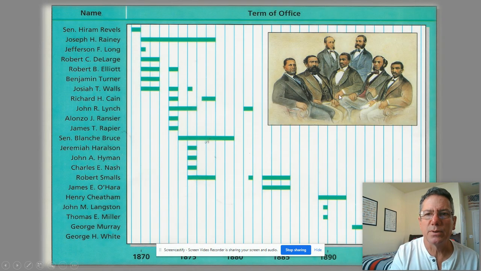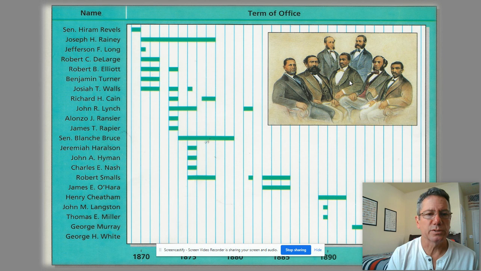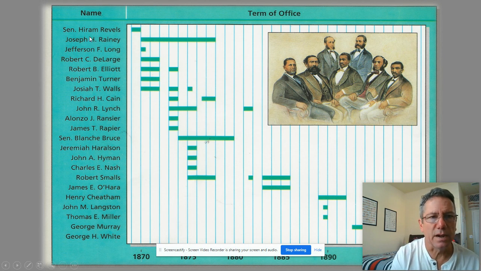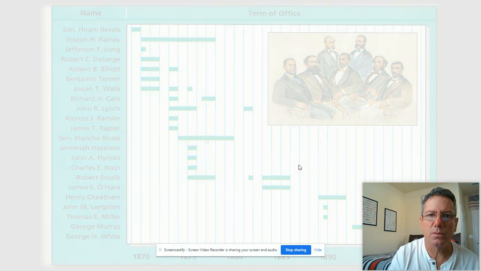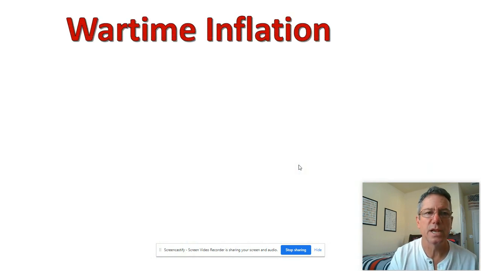And you're going to see a number of African Americans serving in Congress. There's two senators, Hiram Revels and Blanche Bruce. So these two guys, Hiram Revels is going to be up here, and he's going to be a senator, and then Blanche Bruce, and they're going to be senators, and then a handful of congressmen in the time period. So this is all radical rule, and it is obviously going to infuriate many racists in the country, especially in the South.